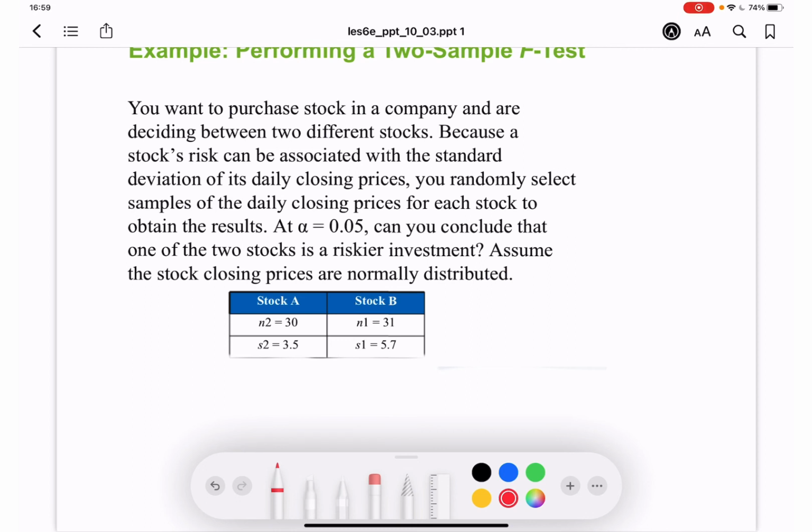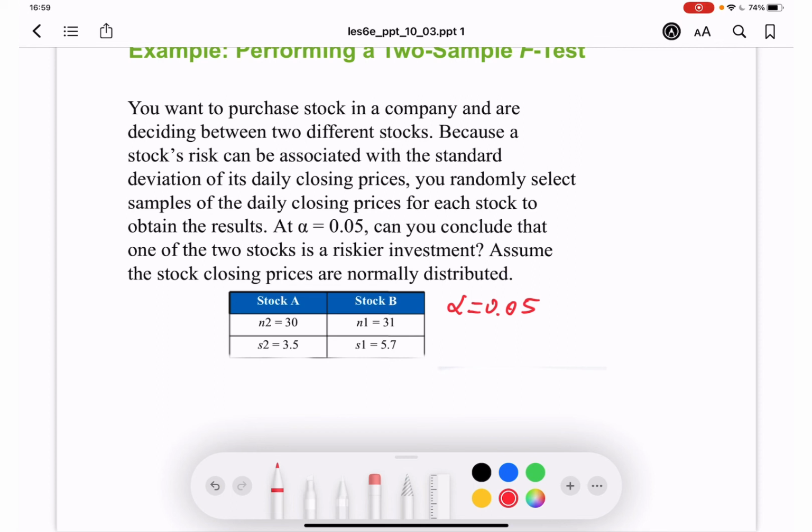At alpha equals 0.05, can we conclude that one of the two stocks is a riskier investment? Okay, well, let's see.